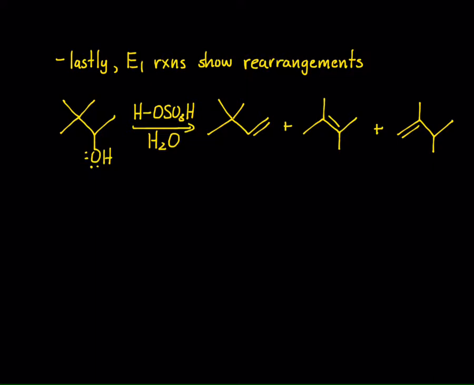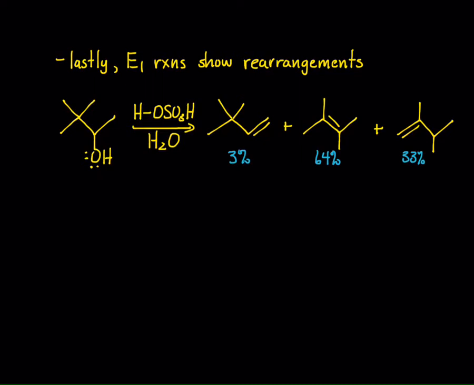But indeed, I obviously get more products than I expect, and those products are based on rearranged products. And when I look at the product distribution, I see there's only 3% of my expected product. 64% is that tetrasubstituted product, and 33% is the disubstituted product.